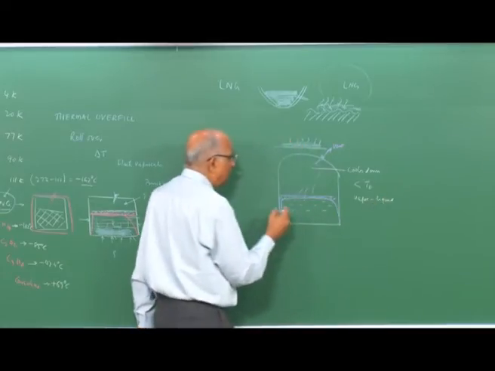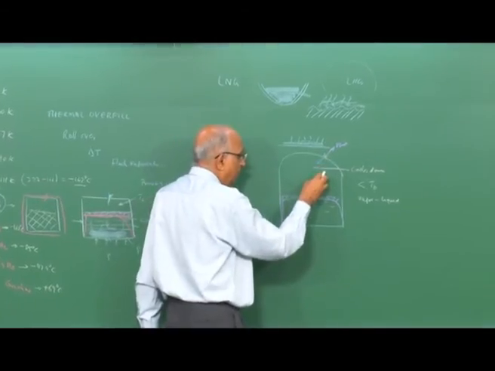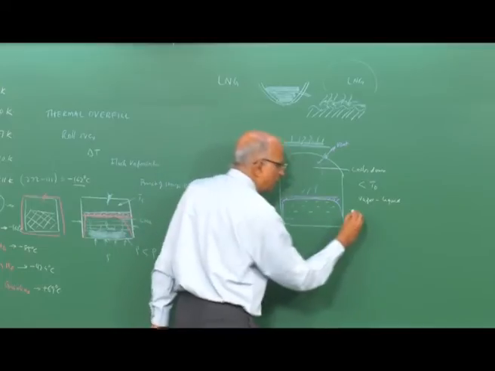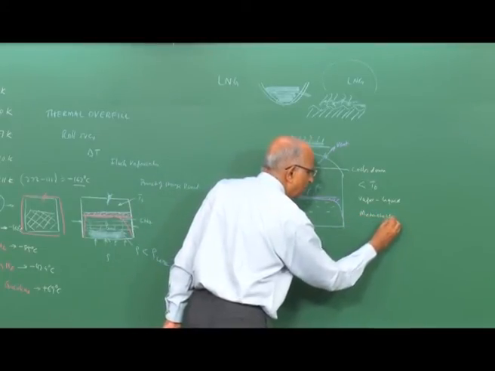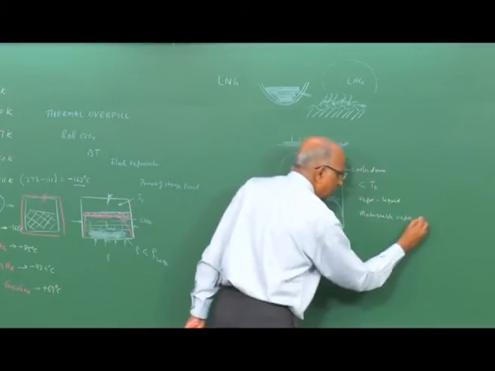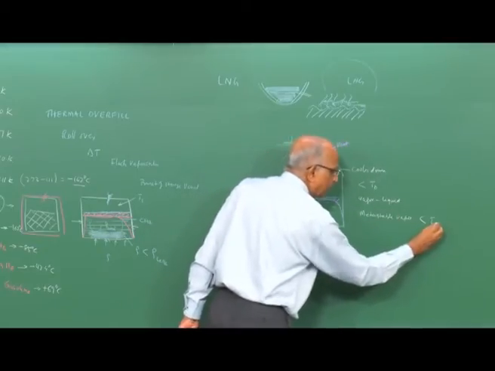But the process of condensation takes some time, and very often with sudden venting you form something like a metastable vapor, which is a vapor at a temperature less than the boiling point corresponding to this particular pressure.